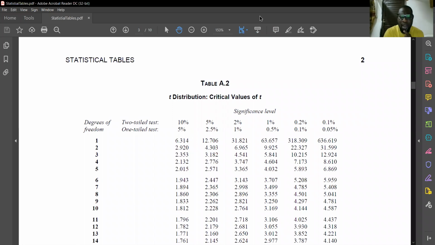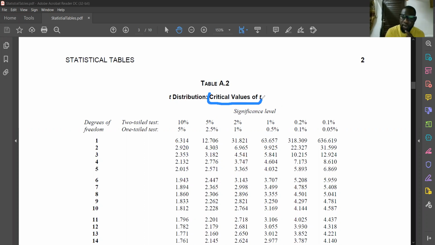A lot of tables will be presented to you, so how do you know which table you're supposed to use? Always search on top of the table. They sometimes indicate some selected critical values of T. When you see T, that should tell you that this table is for a t-test. So all the t-tests that we'll be doing, we'll be using this table.